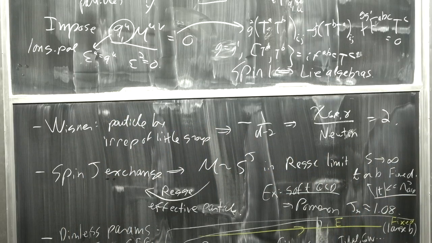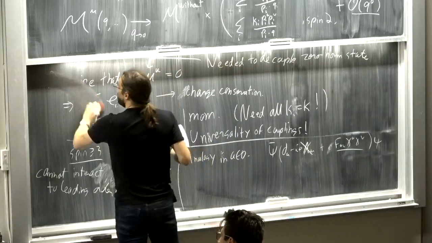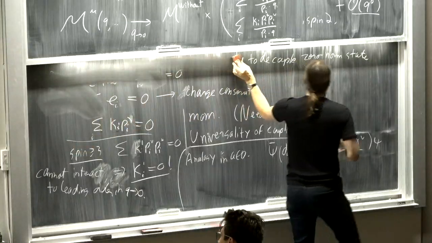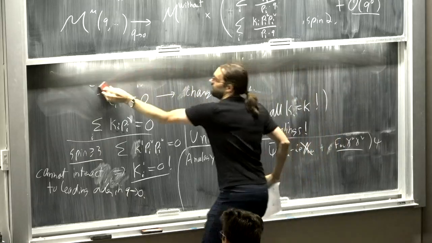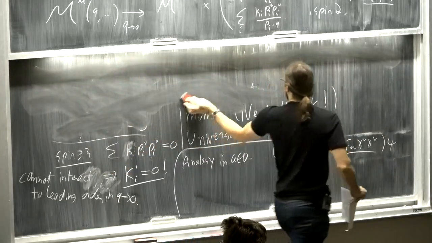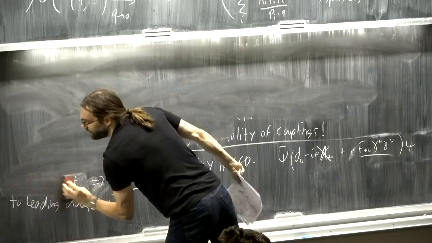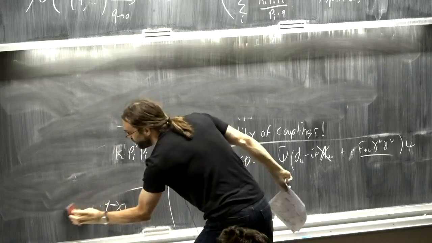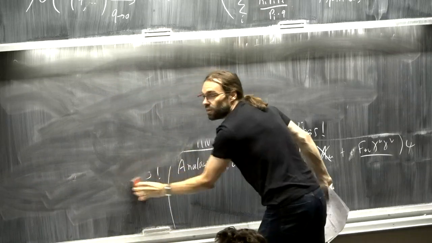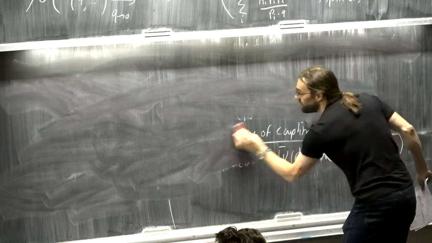So for gravity, the same analysis tells you similarly that you can't have just a spin 2 particle coupling to matter, but the spin 2 particle must self-interact.